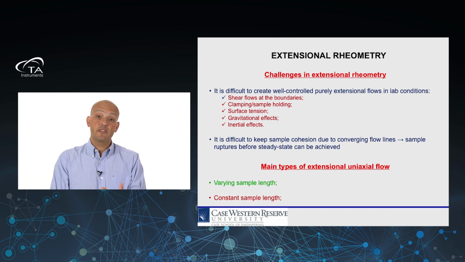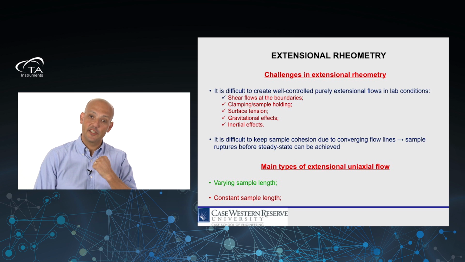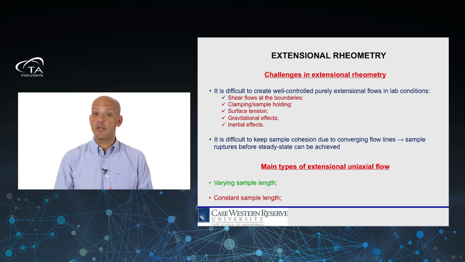First, it's very relevant industrially, but secondly, it's also for a very selfish reason. It is the least difficult, I wouldn't say the easier or the easiest, but the least difficult of the three flows to implement under controlled conditions in the lab. And there are two main techniques, general techniques to apply this extensional uniaxial flow.